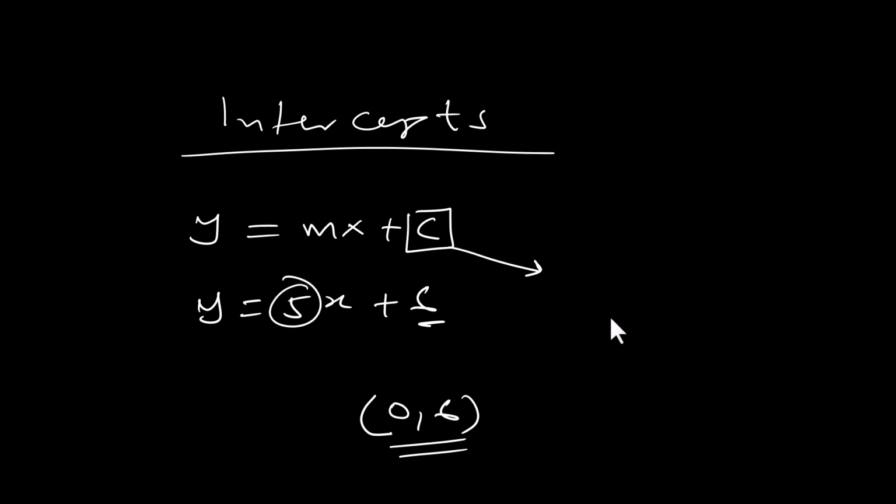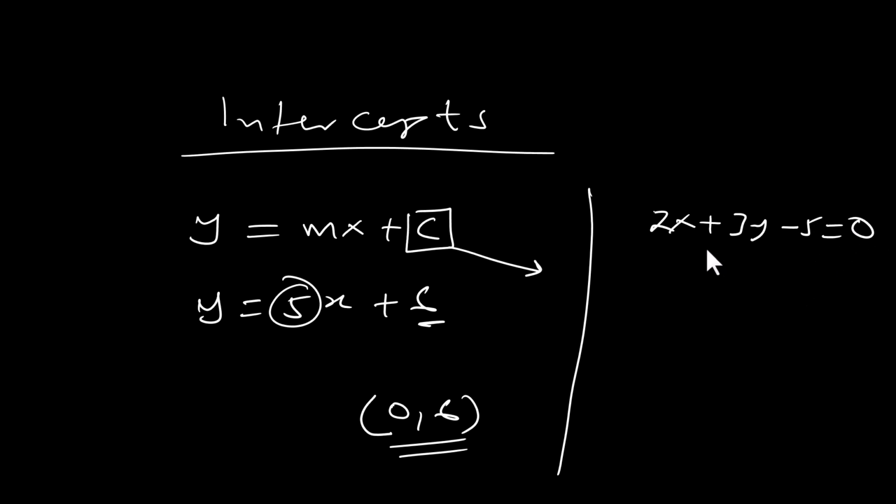Now when given an equation of a line and asked to find the intercept on the x and y-axis, it's very simple. Consider 2x plus 3y minus 5 equal to 0. If you're asked to find the x-intercept, just put y to 0.